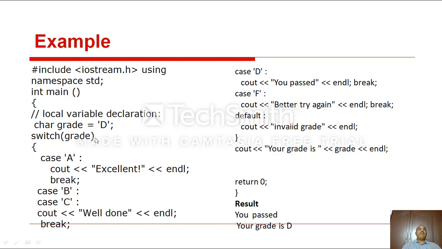Clear? So when the variable being switched on is equal to a case, the statements following that case will execute until a break statement is reached. If the condition is true, that is, your grade and case D values are equal, then it executes the statements one by one until the break statement is reached.